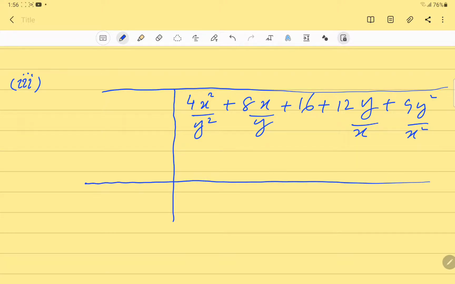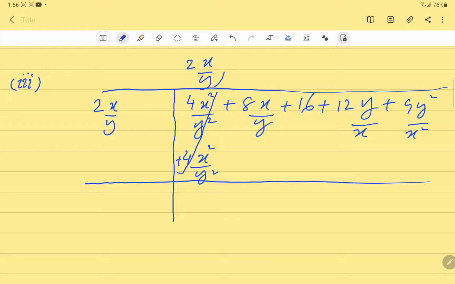Okay, 4x squared over y squared is a complete square of 2x over y, which we will write over here, 2x over y, and the same will go in the quotient, 2x over y. When we multiply both, we will get 4x squared over y squared. So when we subtract it, sign will reverse, it will cancel.